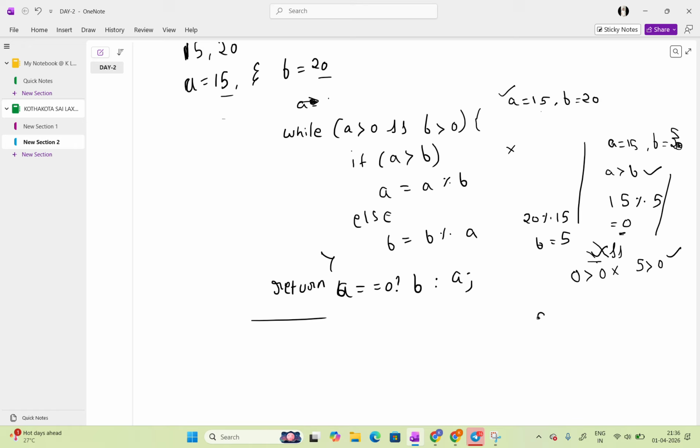So that is why A is 0, and that is why we are returning B, which is 5.